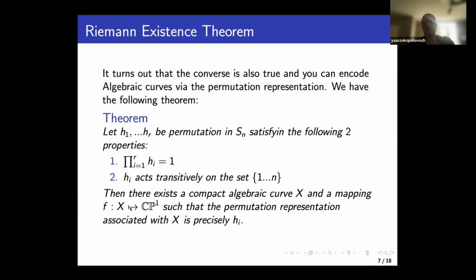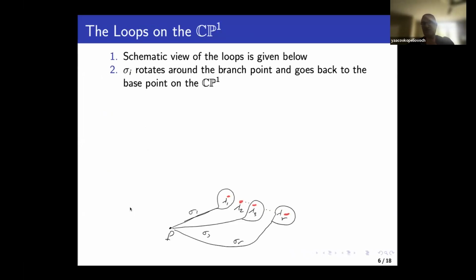So you have h_1 to h_r permutations in the symmetric group, which satisfy the following two properties: the product is 1, and the h_i act transitively on the set 1 to n. Then there exists a compact algebraic curve X and a mapping from X to CP1 such that the permutation representation associated with X is precisely the h_i. Okay, now why is the first condition? The first condition is coming from the fact that this is a sphere.